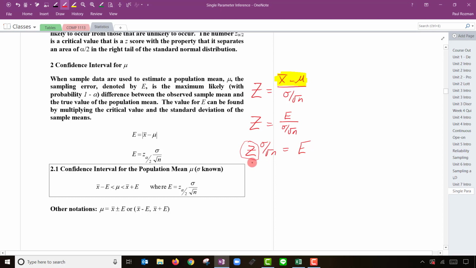We can write these confidence intervals then as, notation like this, where I take my calculated mean minus some error, and my calculated mean plus some error, and then I'm hoping that the mean of the whole population is somewhere in that interval. And I'll have some degree of confidence.